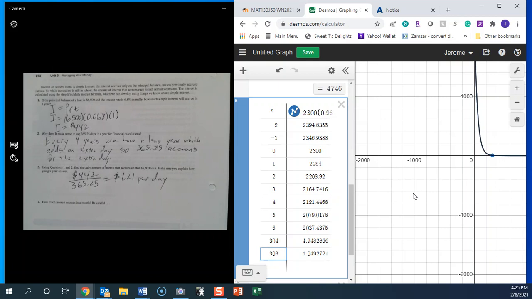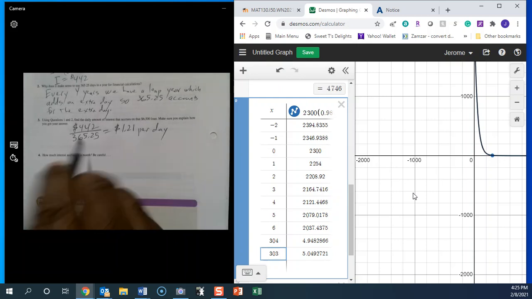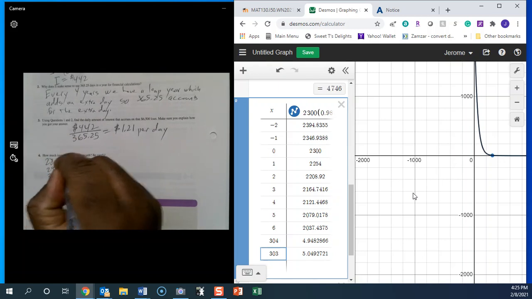Now, number 4, how much interest accrues in a month? Be careful. Remember, the reason they're telling us to be careful is because there are actually 4 different types of months you can encounter. You can encounter a 28-day month, a 29-day month, a 30-day month, or a 31-day month. So you'll multiply these by the $1.21.